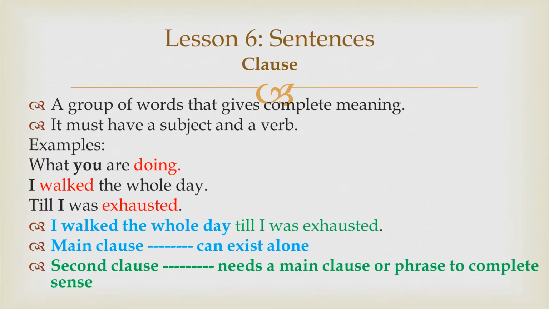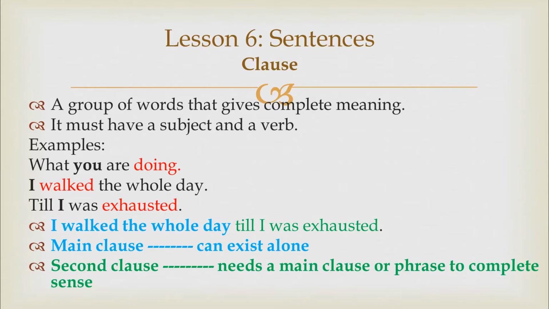There are two clauses. One is I walked the whole day. One clause contains one subject and one verb. I walked, one subject and one verb. Till I was exhausted. I is the subject, was exhausted is the verb. So there are two clauses.